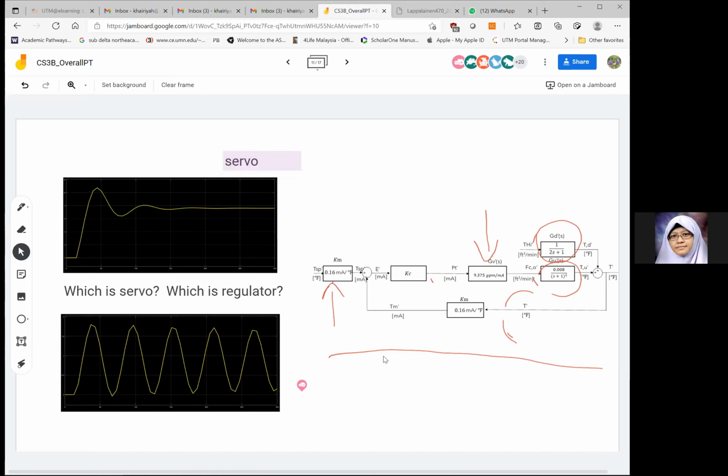But in this case, just label which is servo and which is regulator. Come on, everybody. Okay, there's one answer there. That's servo, is that correct? You can use sticky notes or you can type, whatever. Just try. Put your answer there.